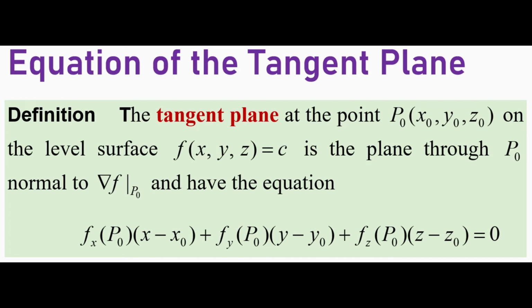Tangent plane at the point P naught with the coordinates (x naught, y naught, z naught) on the level surface f of x, y, z is equal to c is the plane through P naught and normal to grad f evaluated at P naught, and it has the equation f_x(P naught) times (x minus x naught) plus f_y(P naught) times (y minus y naught) plus f_z(P naught) times (z minus z naught) is equal to 0, where f_x(P naught), f_y(P naught), f_z(P naught) are the partial derivatives of f with respect to x, y and z evaluated at the point P naught.